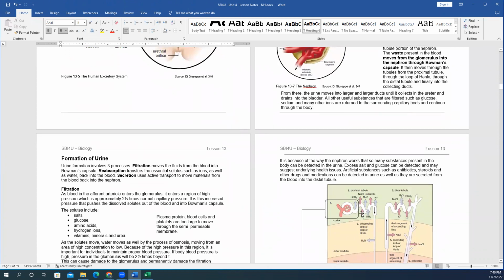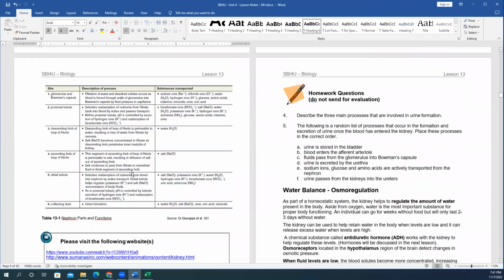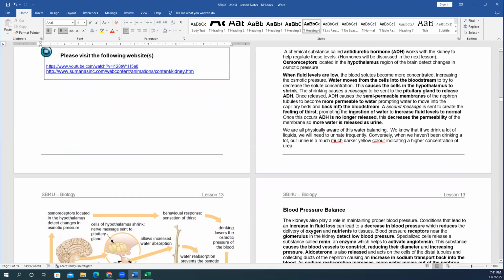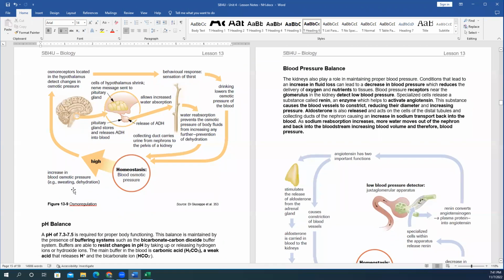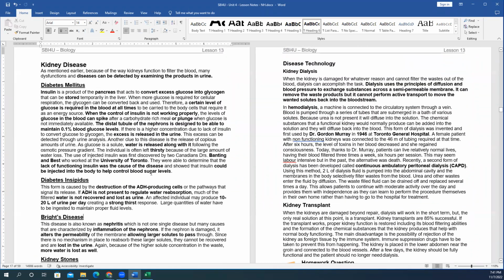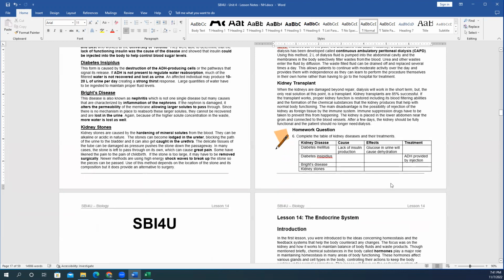The important job of the kidney is to remove waste and the formation of urine, and also the importance of kidneys in water balance, in osmoregulation, in maintaining the pH balance, and also blood pressure balance. We talked about the different forms of kidney disease, and we talked a little bit about the various technologies that are present to aid with kidney disease.